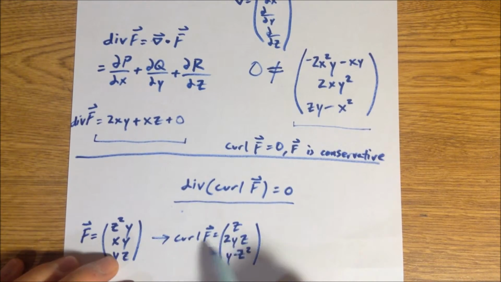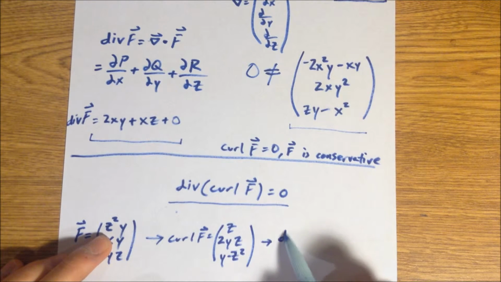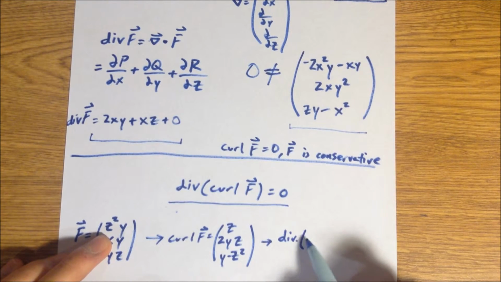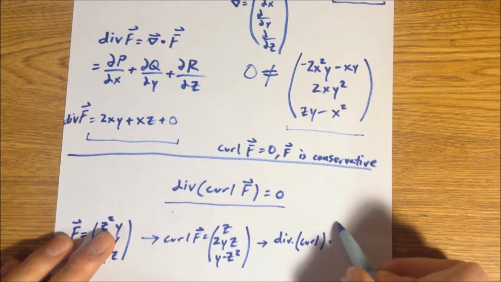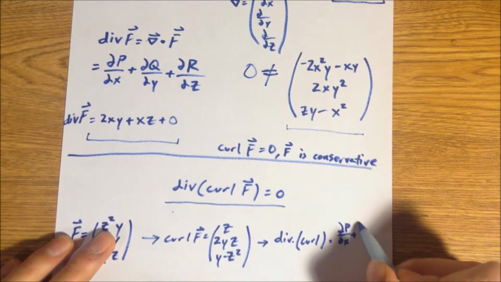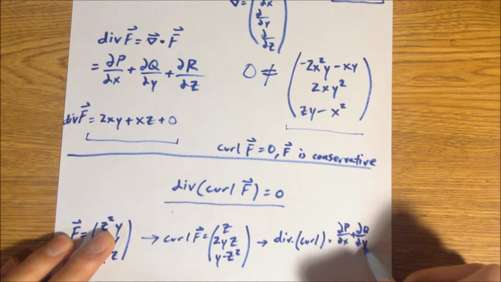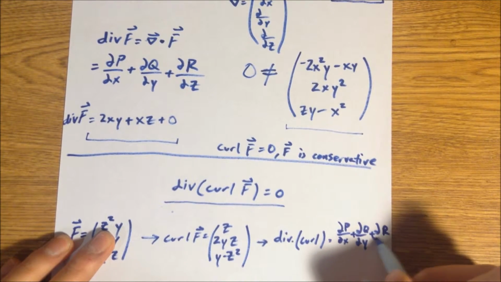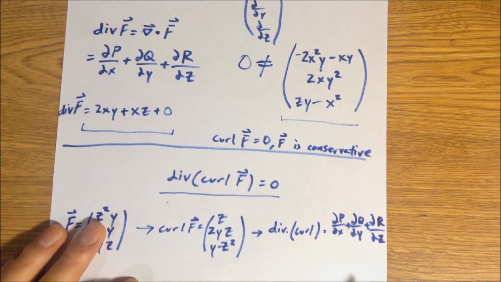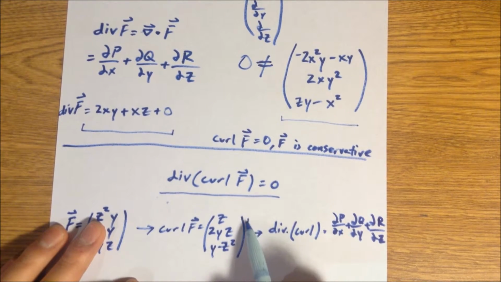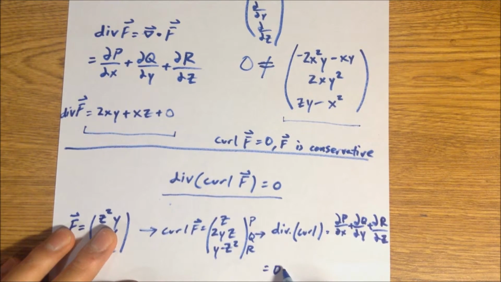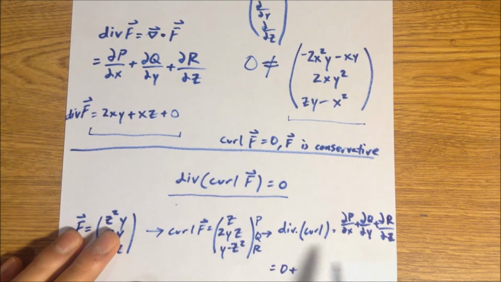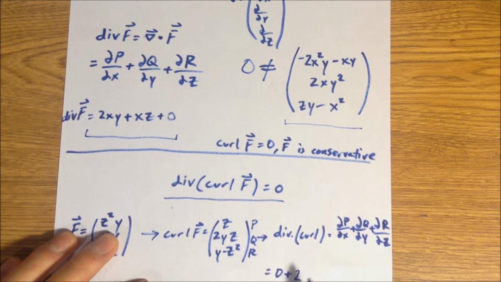And then if we do the divergence of this curl, this means we do partial P with respect to x, partial Q with respect to y, partial R with respect to z. With P, Q, R, P with respect to x is 0, plus Q with respect to y is 2z.